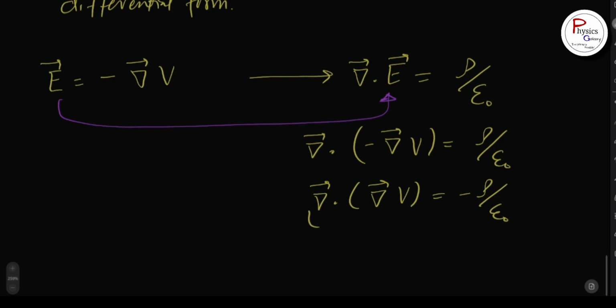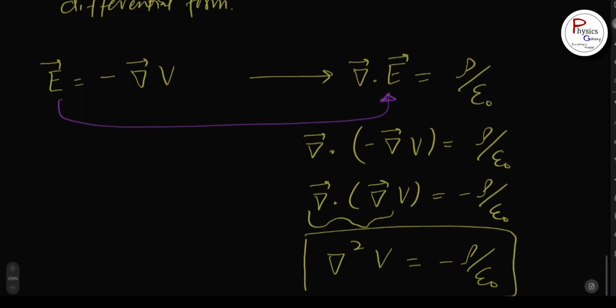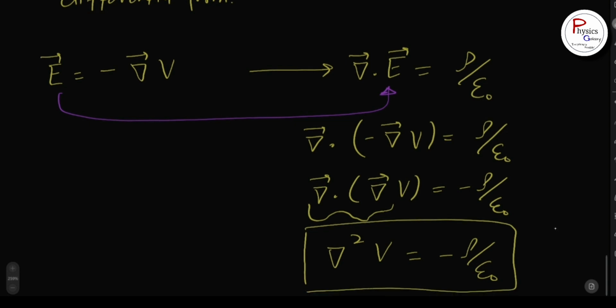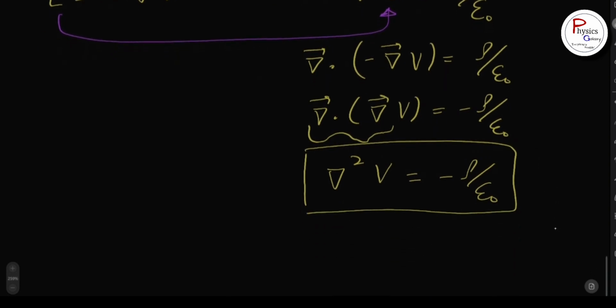Now this thing, divergence of a gradient, is called the Laplacian. So it becomes del square of V equals minus rho over epsilon naught, which is the famous Poisson's equation. From this equation, if we know the charge distribution, we can directly find the electric potential.